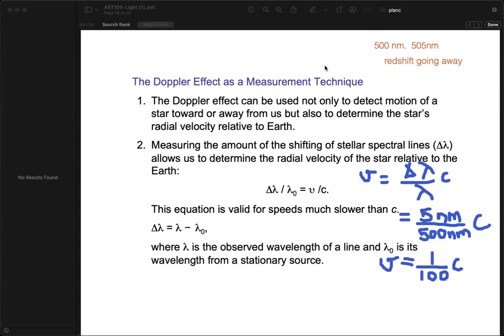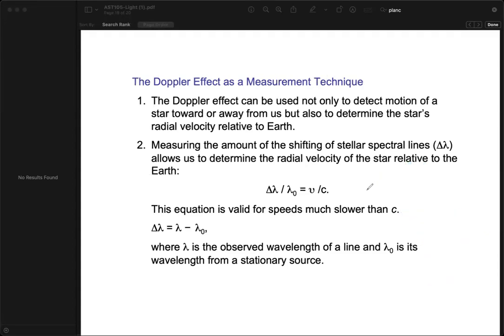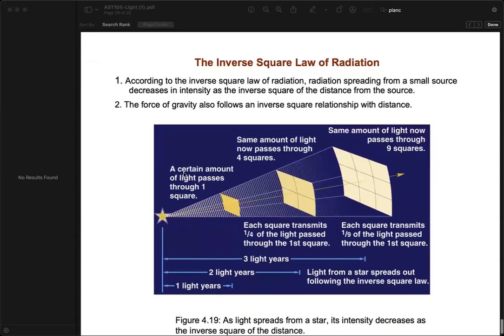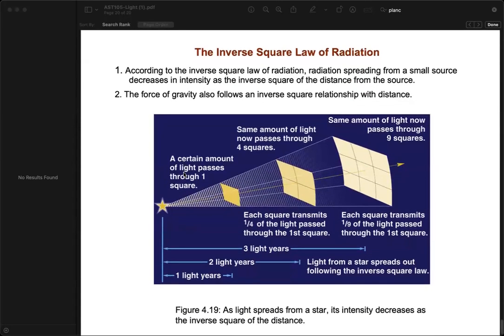We are almost towards the end of this chapter. And the next slide is the last slide, I think. The inverse square law of radiation. So we know that the closer we are to some stars, the more intense the brightness and heat is.